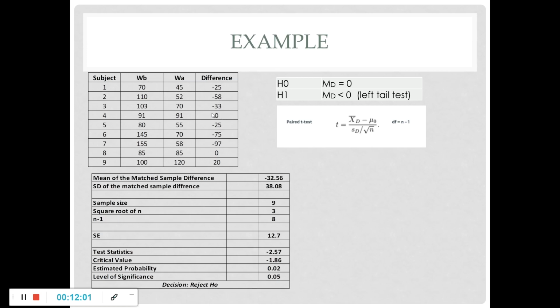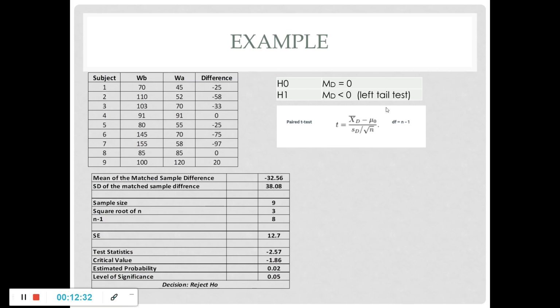There are a few people with no weight reduction, and there is one person with in fact weight gain. So overall we want to see whether there is any significant difference in the weight after undergoing the weight loss program.